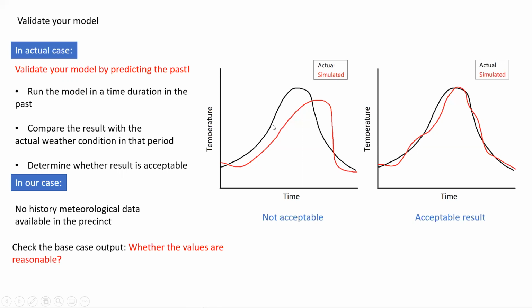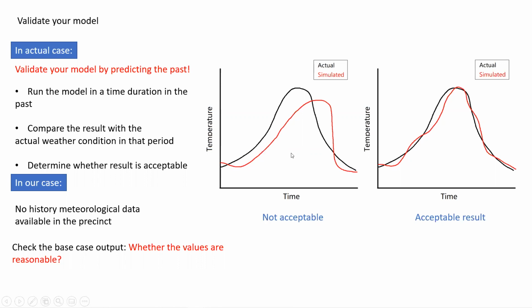We need to modify some settings, like whether we have input the correct boundary condition, or whether we have represented all the land covers in the right way. We need to check things like that. But in our simulations in this class, we don't need to do that because we don't have historical meteorological data to offer you in that precinct to validate your model.